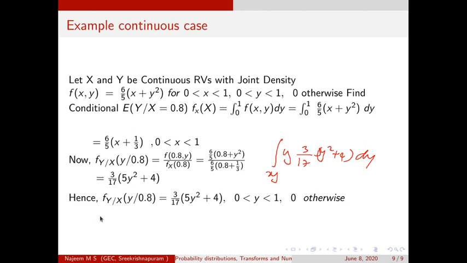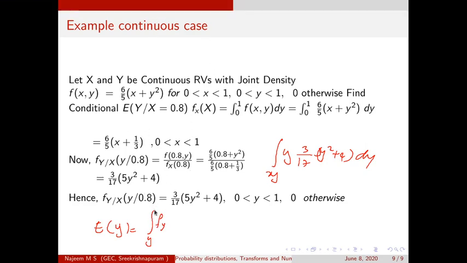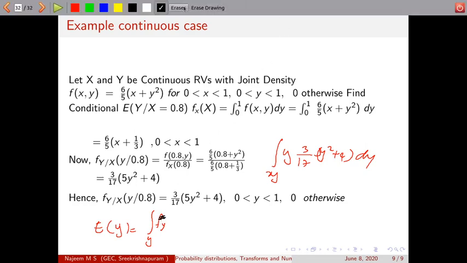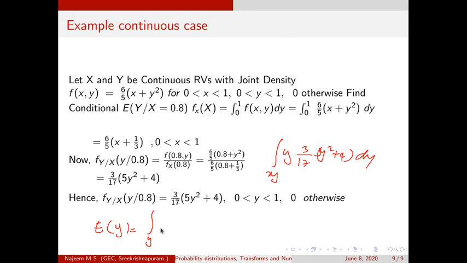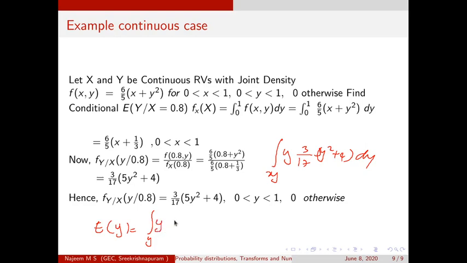So if we need to calculate the expectation of y given x, we need to calculate the expectation of y from this, that is equal to the integral over y of y into f of y given x, of y given 0.8, dy.